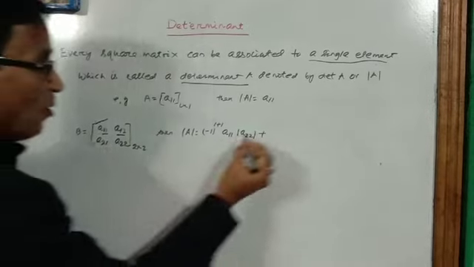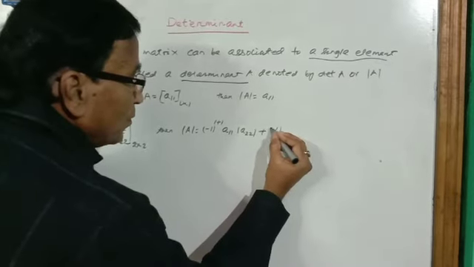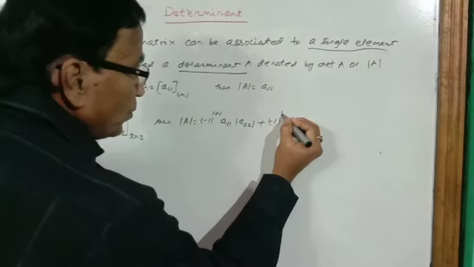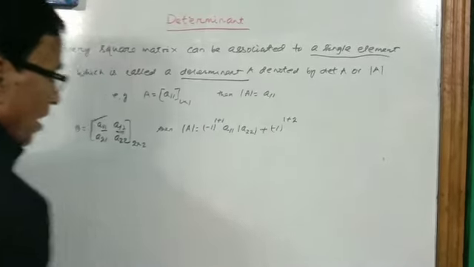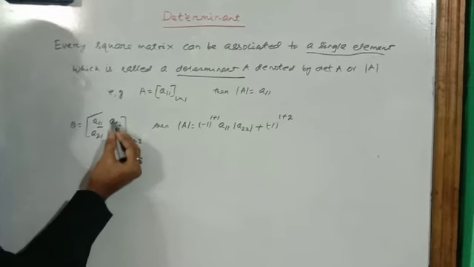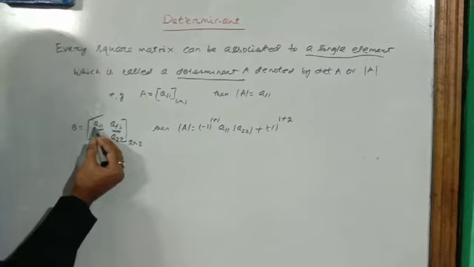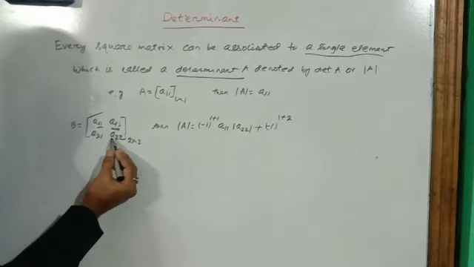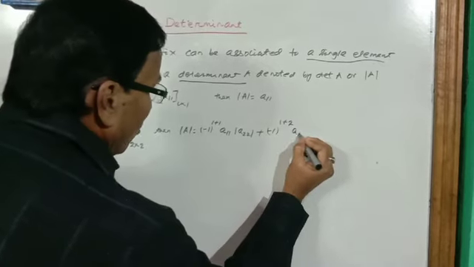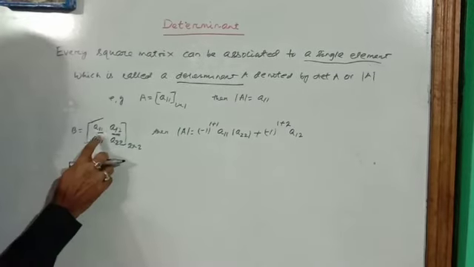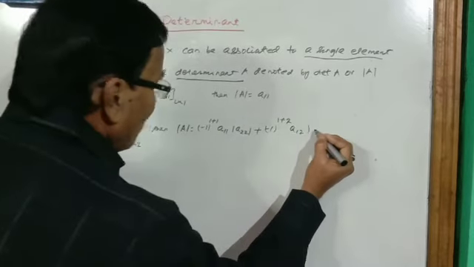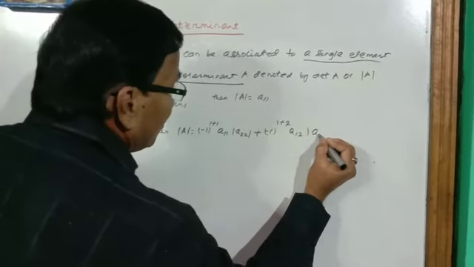Plus, for this element it will be (-1) whole to the power 1 plus 2 into, similarly when we take this element we have to omit first row and second column. So we are getting the determinant of A12 into determinant, after omitting first row and second column, we are getting the determinant of A21.